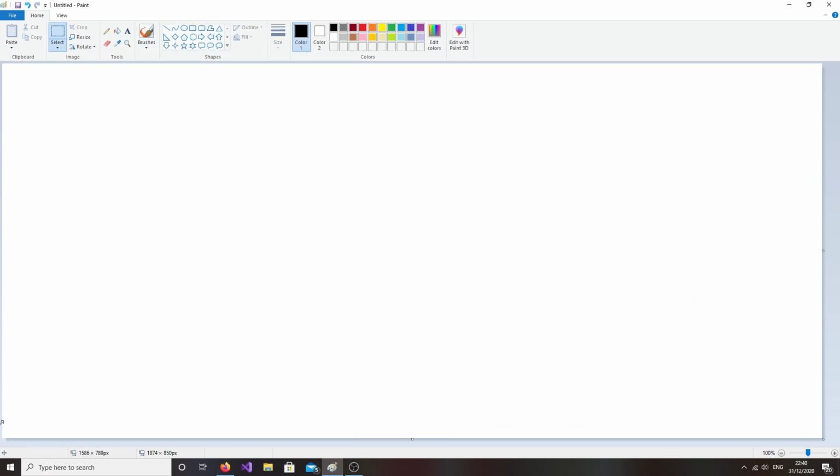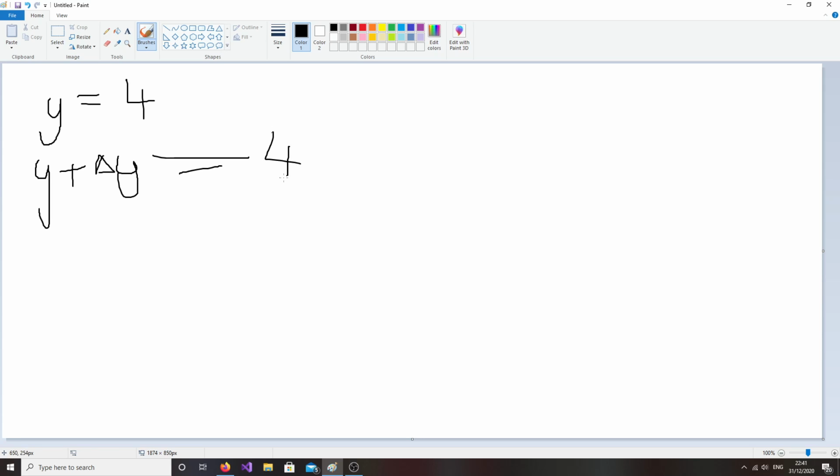So let's go to the next one then. We'll just do a number this time, so y equals 4. So just with no coefficient of x at all, so x to the power of 0. Let's do the same principle. Now, interestingly enough, you don't put 4 add delta x, because there is no x to begin with, so it's just still 4.